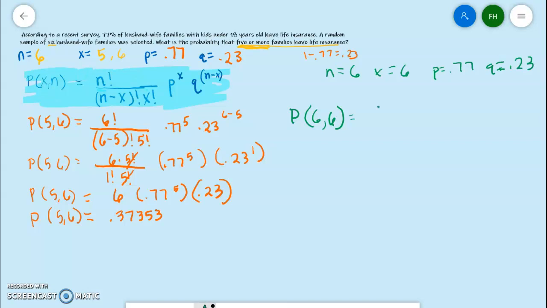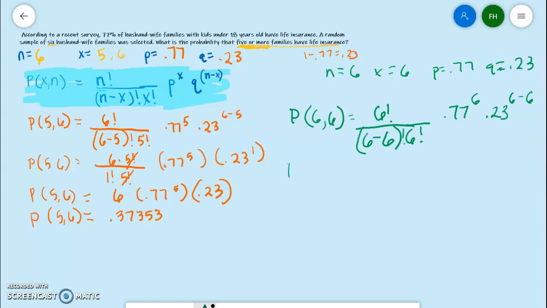So N, 6 factorial, over N minus X factorial, and then over X factorial, which is 6. P is 0.77, X is 6, Q is 0.23, and then 6 minus 6.